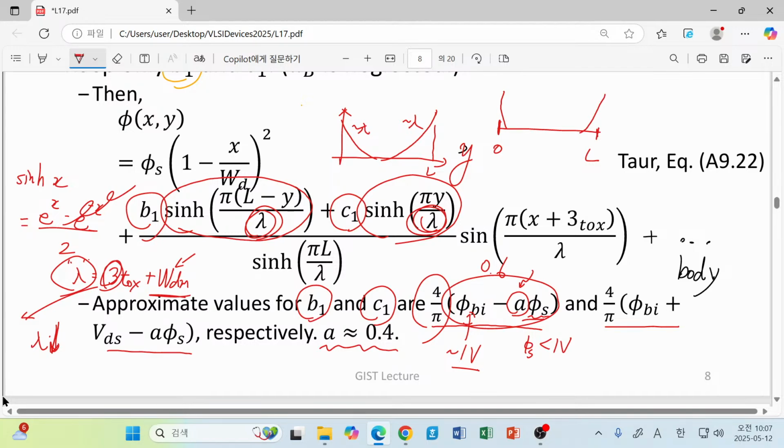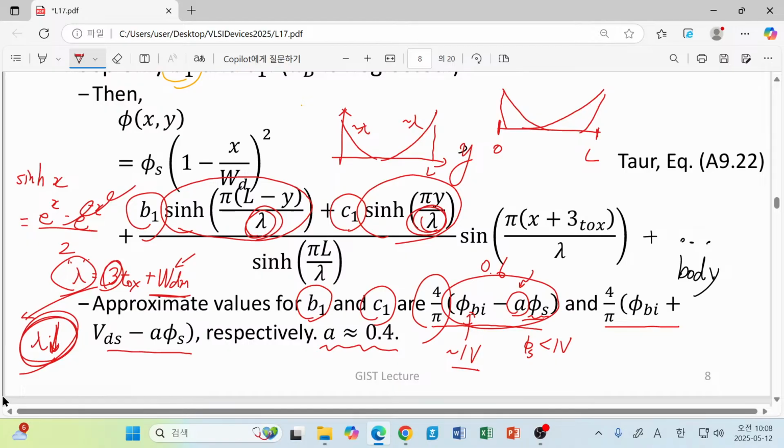But if we have a relatively longer lambda, then what will happen? We will have this behavior. So our usual goal to have good scalability is to have the shortest lambda scale.